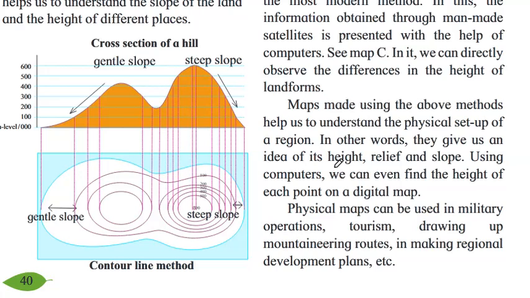Using computers, we can even find the height of each point on a digital map. Physical maps can be used in military operations, tourism, drawing up mountaineering routes, in making regional development plans, etc.